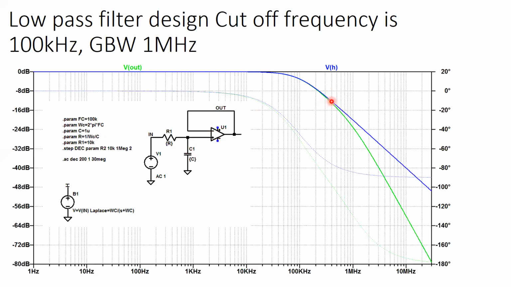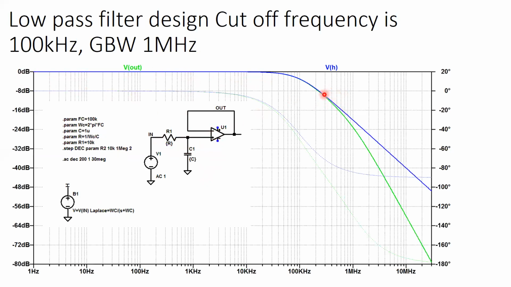No, I think the gain bandwidth number, like 30 gigahertz, 10 gigahertz, is where the op-amp's open loop gain is 1. So in this filter, what's the gain? 1, right? 0 dB. So the open loop gain of the op amp has to be 100, otherwise it won't act like the ideal transfer function.